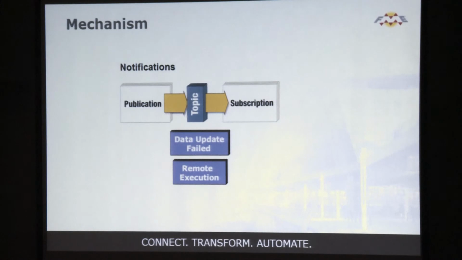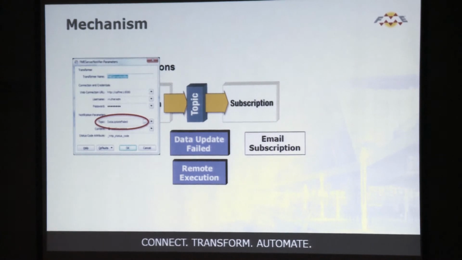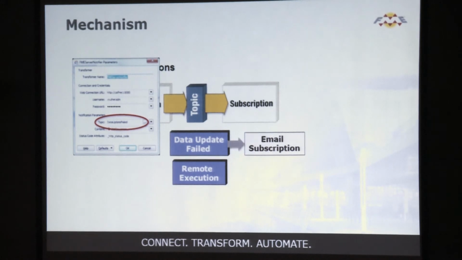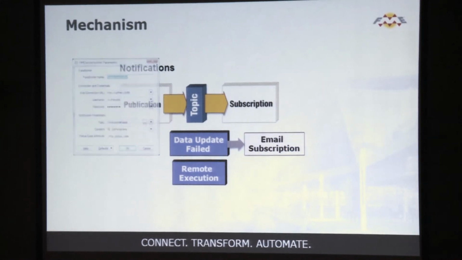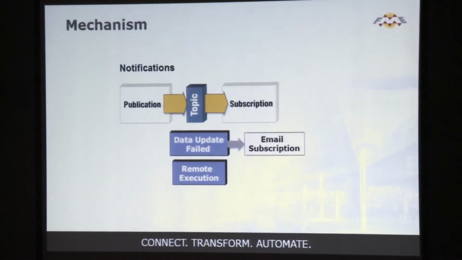You set up two topics like this. You have on the subscription side, email subscription, and that's what you use in your Workbench to notify the server that something went wrong, a topic like this. And so that triggers the server to send an email to whoever's on that email subscription, meaning most likely the data administrator.